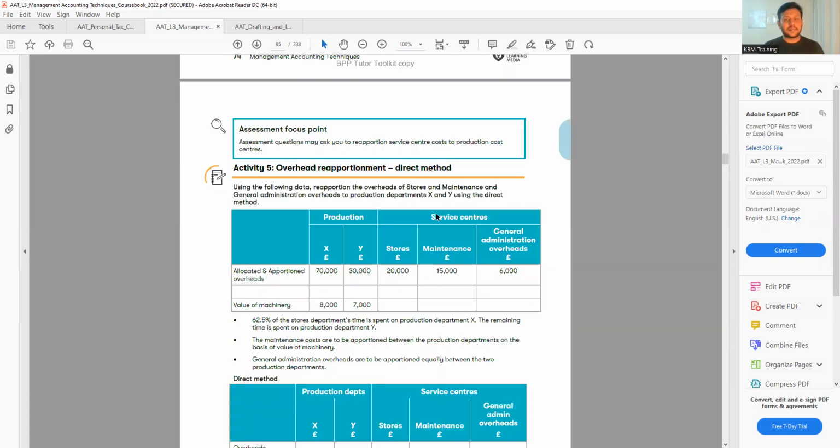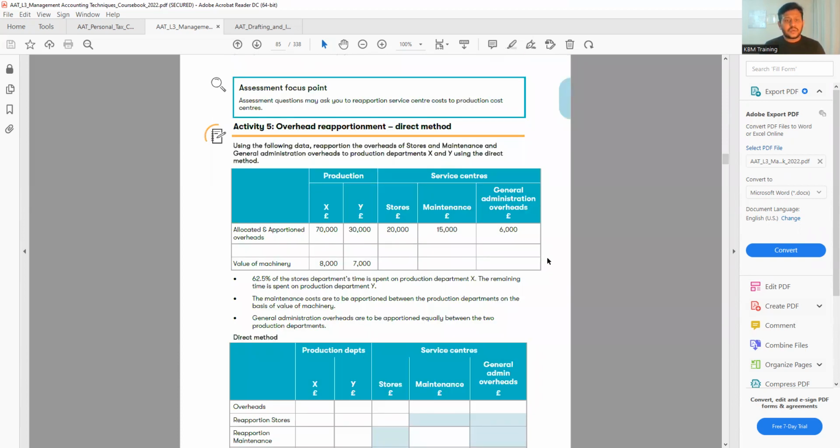So let's look at the direct method. What is the direct method? Let's look at the concept first. We have two kinds of department: the production department, and the service department or service center, whatever you call it. The production department is the cost of the product or machinery, it could be anything. But the service departments don't have an income.